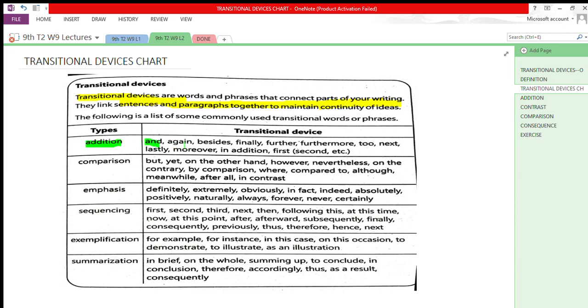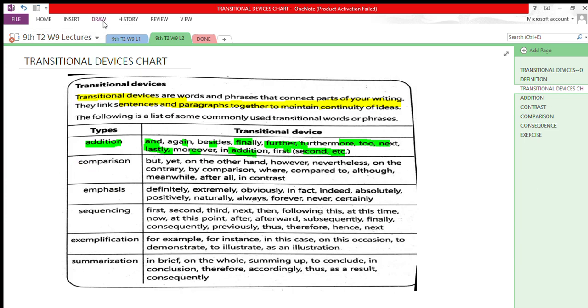And, again, besides, finally, further, furthermore, next, lastly, moreover, in addition, first, second. When you want to add more information in your paragraph or in your writing, you are using the transitional device of addition.